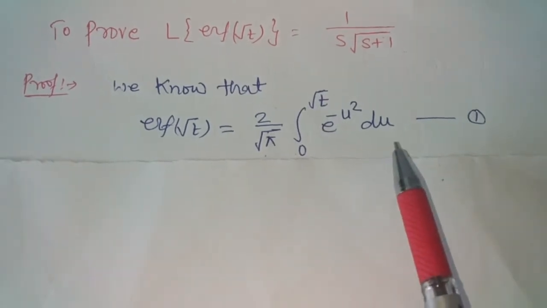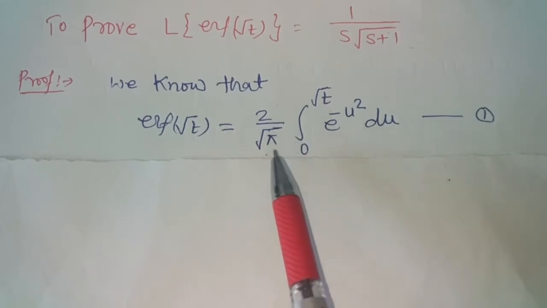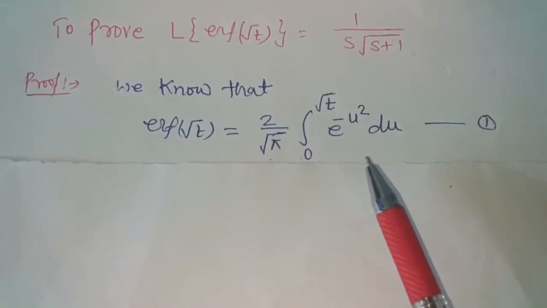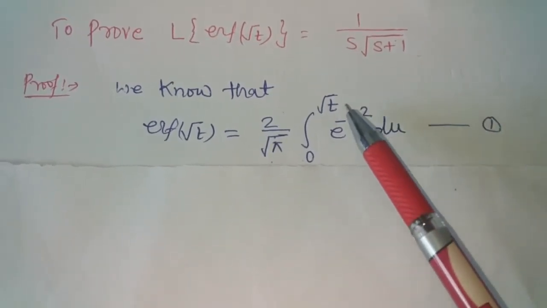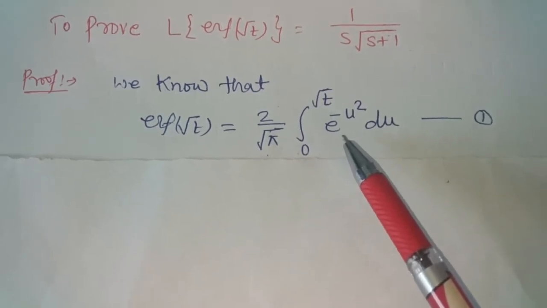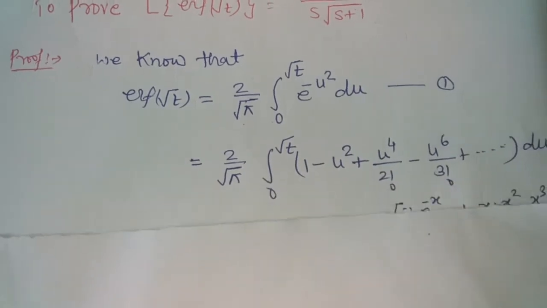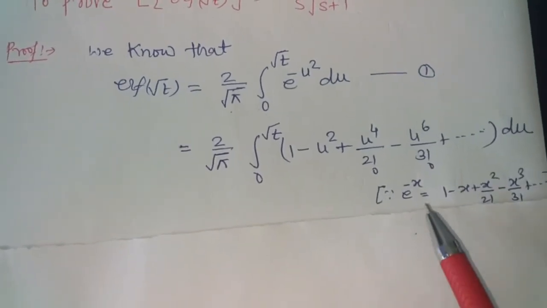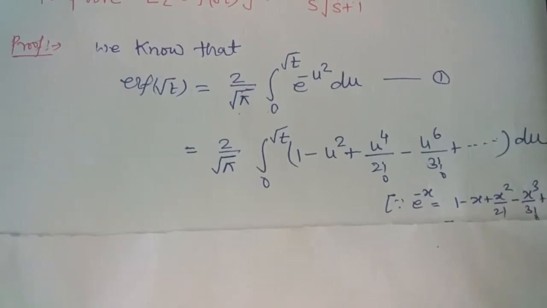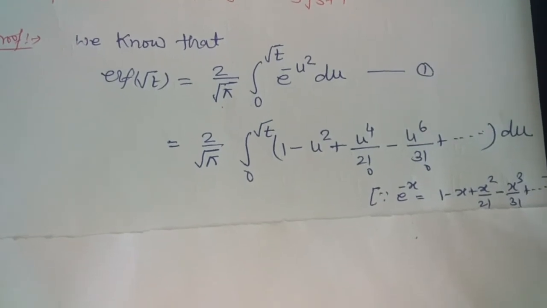As we have to find its Laplace transform, before taking it, first we are going to integrate this definite integral. For that we expand e raised to minus u square using the expansion formula of e raised to minus x, which is e raised to minus x is equal to 1 minus x plus x square upon 2 factorial minus x cube upon 3 factorial plus so on.